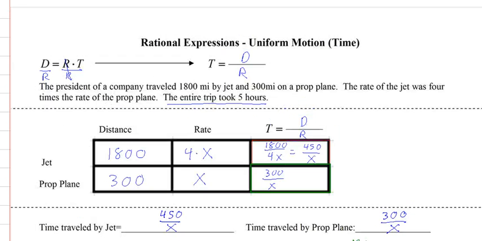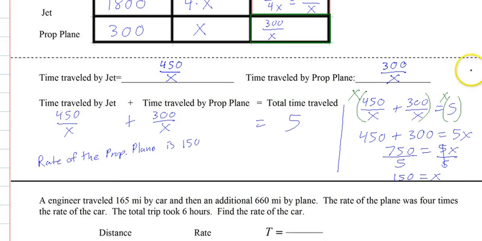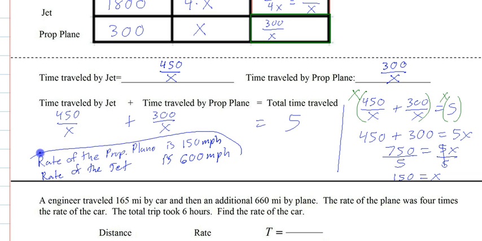And what is our units here? Miles per hour. That's our x. And then the jet is 4 times that. So the rate of the jet is 4 times that. So 600 miles per hour. And there you go. That's it.